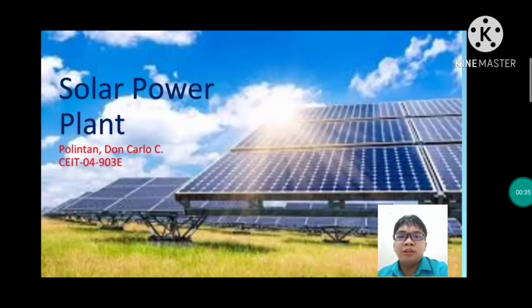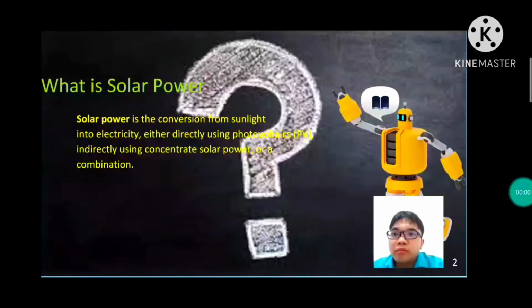So now that we have known what is solar energy, let's now discuss what is solar power. So what is solar power? Solar power is the conversion from sunlight into electricity, either directly using photovoltaics, indirectly using concentrated solar power, or a combination of the two.